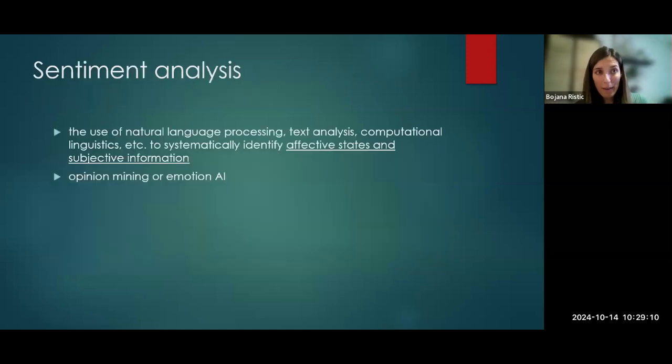And one of the analyses that is being done of the inputs to the machines, to the AI systems, is called sentiment analysis, right?